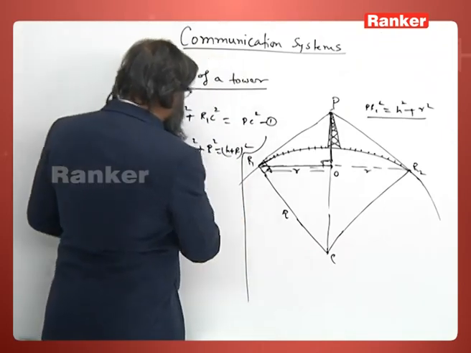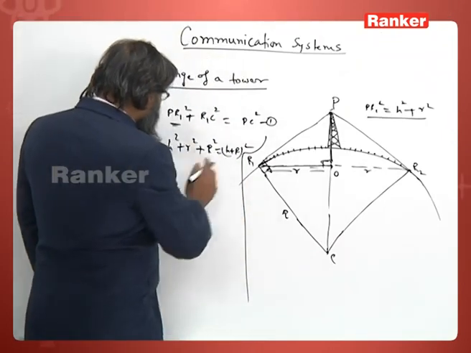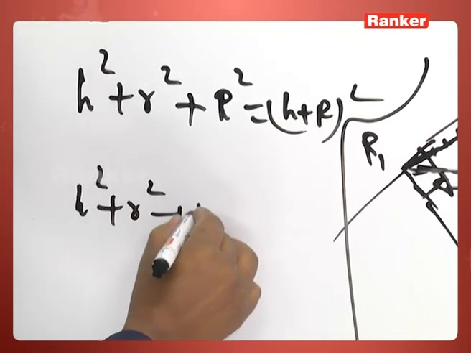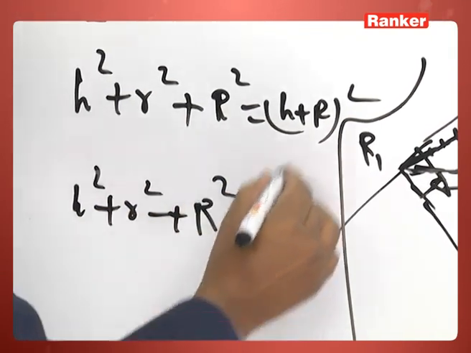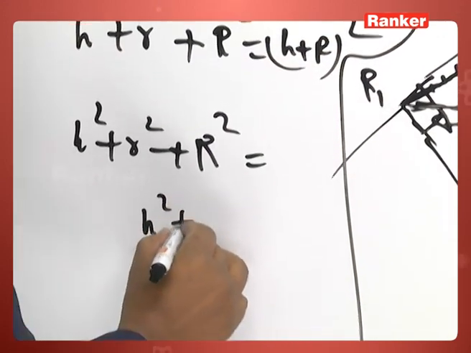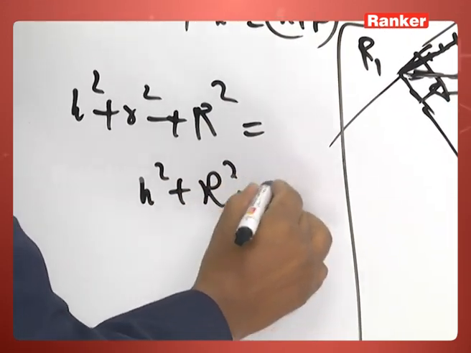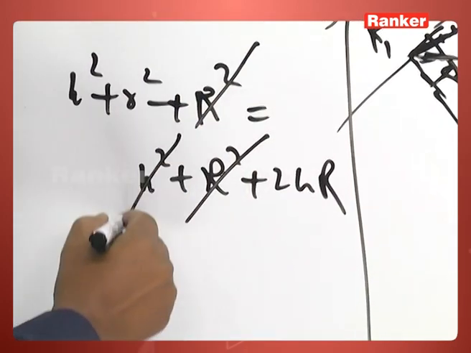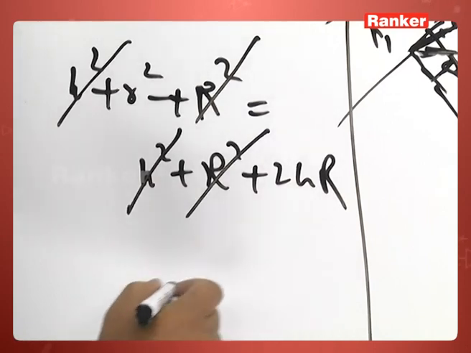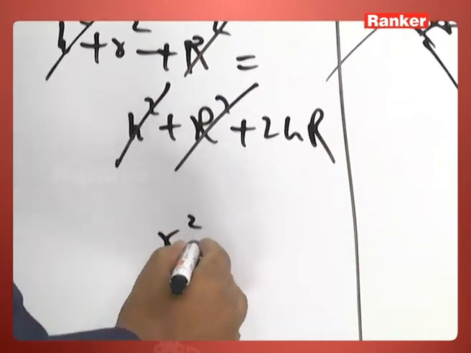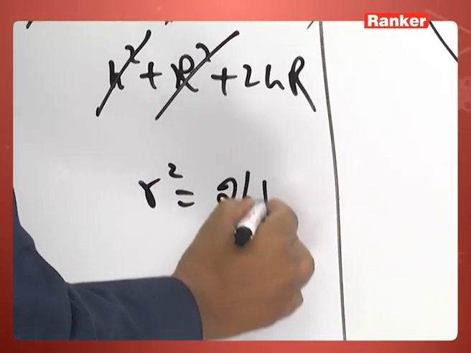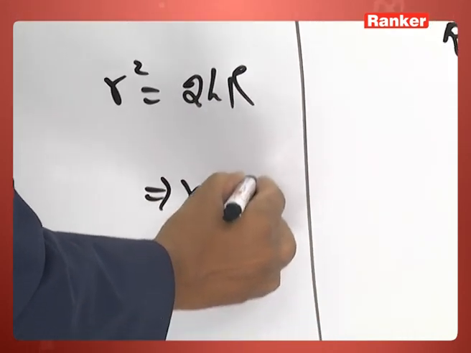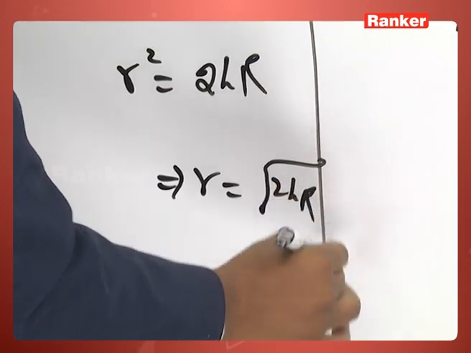If I solve this, I get h square plus r square is equal to h square plus r square plus 2hr. You see h square cancels out. So we have r square equal to 2hr, which implies the range r is equal to root over 2hr.